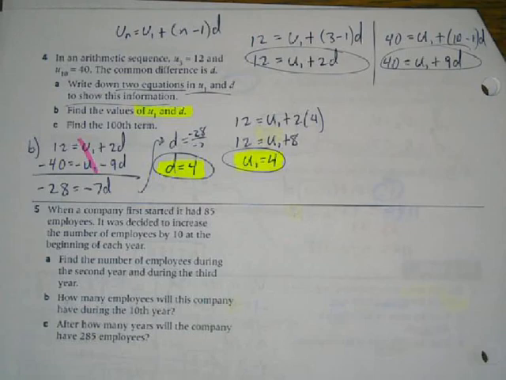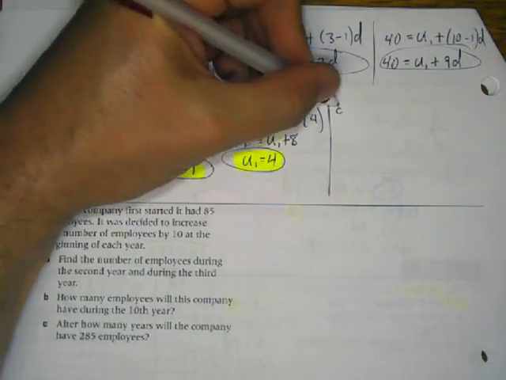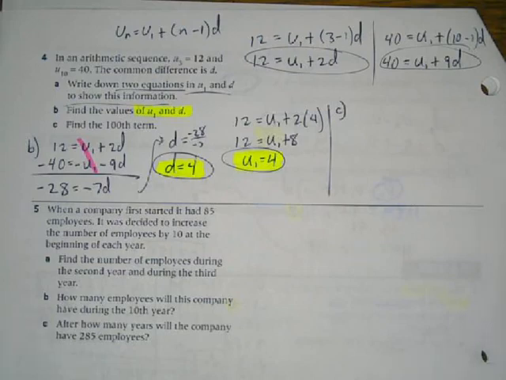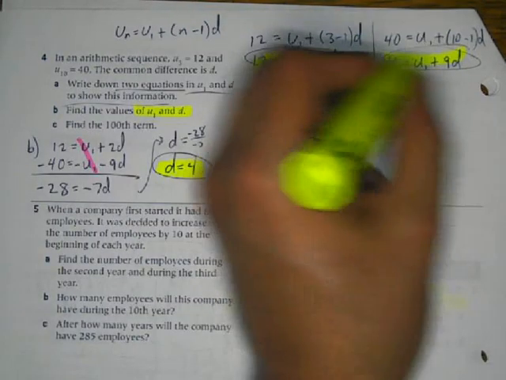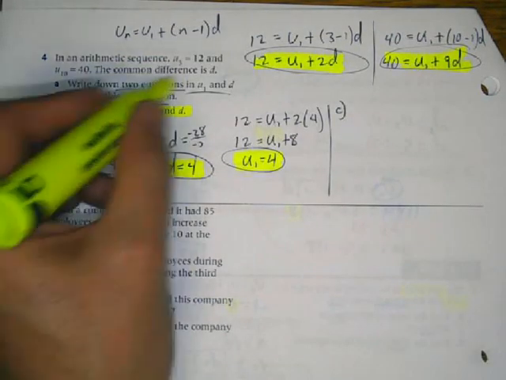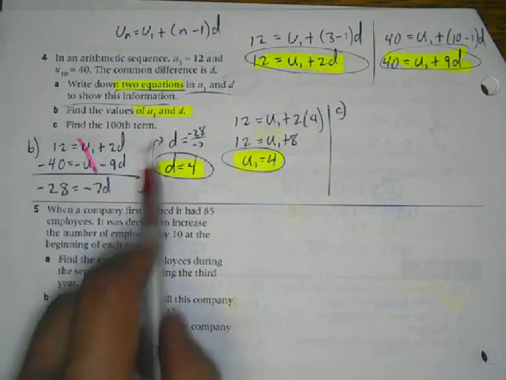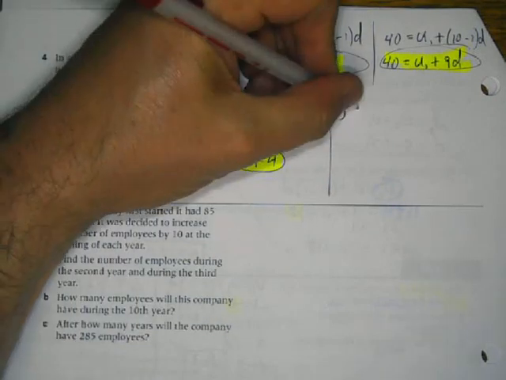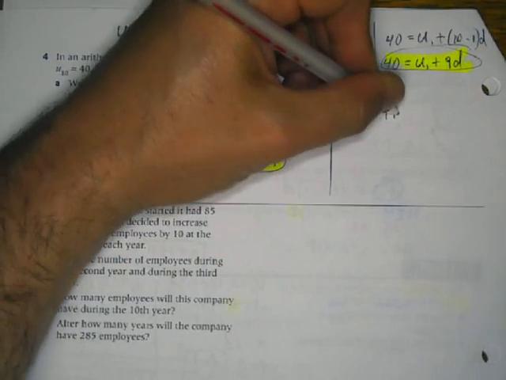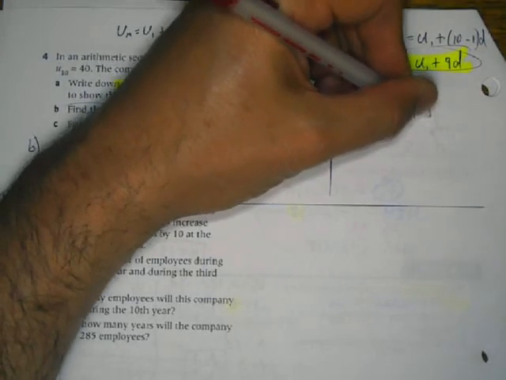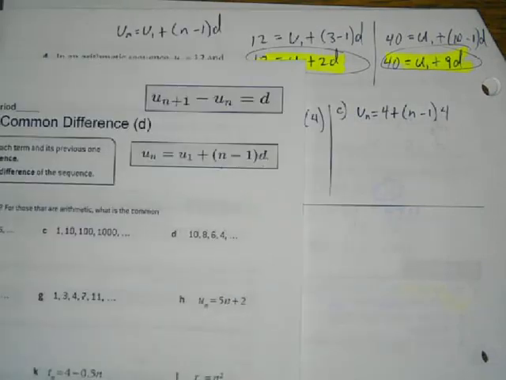Okay. Question C, find the 100th term. Okay. Well, this was the answer for A, our two equations. So now, using our standard formula, we know u subscript 1 is 4.